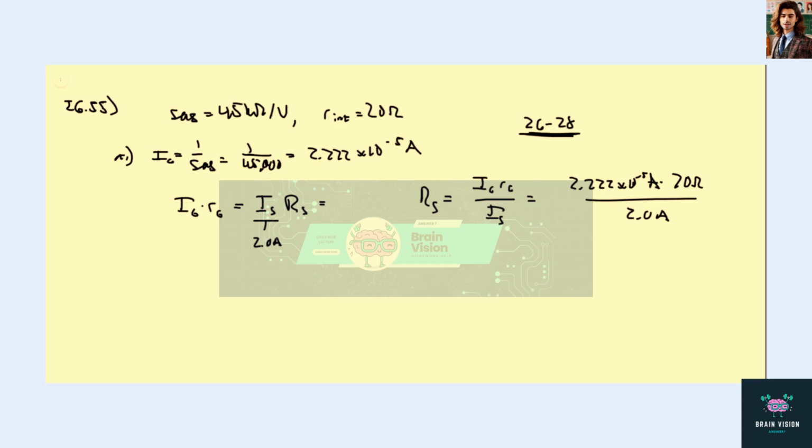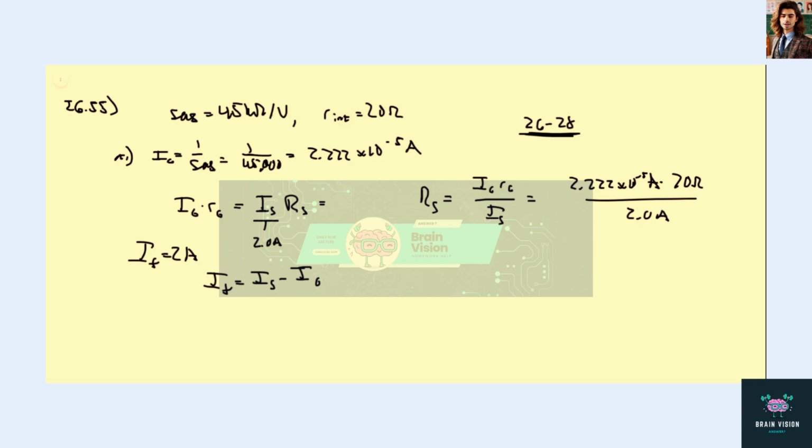So the shunt current, I wasn't quite clear on this. This isn't actually 2 amps. We want the full current to be 2 amps. But the full current is given by the shunt current plus the galvanometer current, because these are going to be diverging at that point.